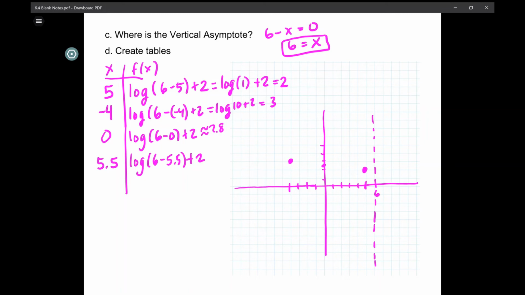Take the log base 10 of that, add 2 to it, and we get about 1.7. I think that's going to help a little bit. So at 5.5, we're right here at about 1.7.